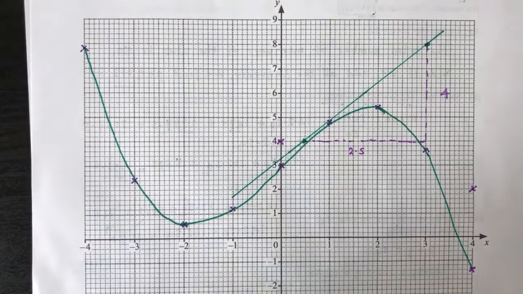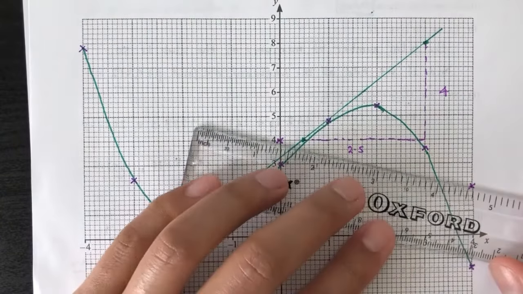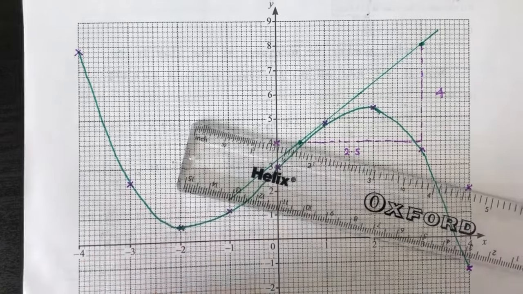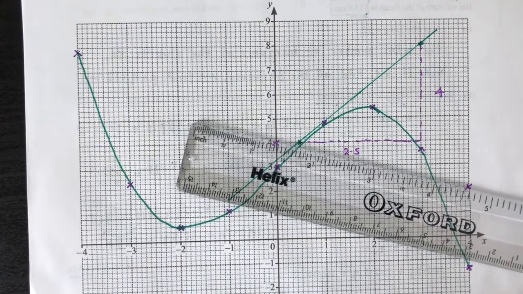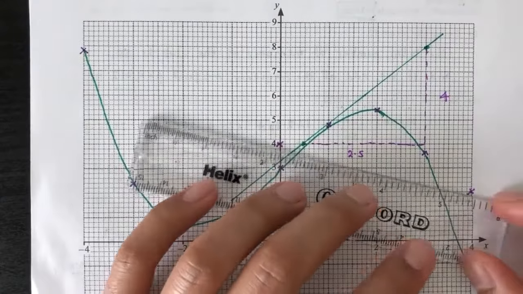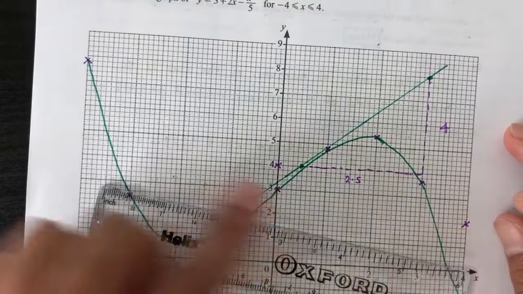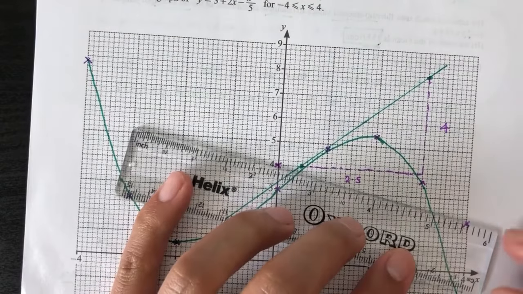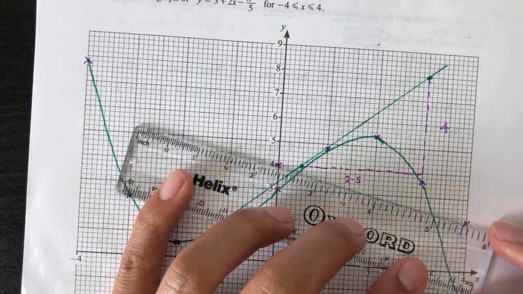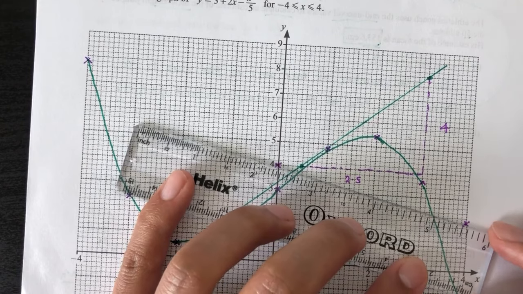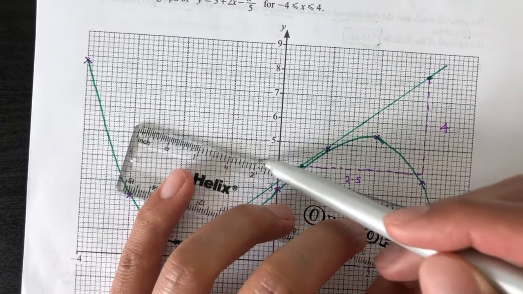Let me use a different color so we can know where the line is. I'll use red in this case. Usually it is best to cut the curve at both sides so we know where it actually cuts the curve. So that's the first point.